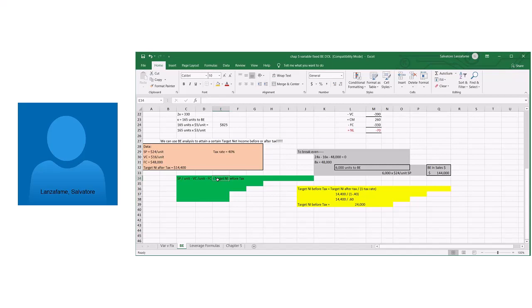So instead of hitting 0 as the target, we're trying to hit a target of some other number. If we were doing before tax, I would have taken the 24 that they would have given me and just put that instead of the 0. But they're only giving us target net income after tax, so I had to convert the after tax result into a before tax result.